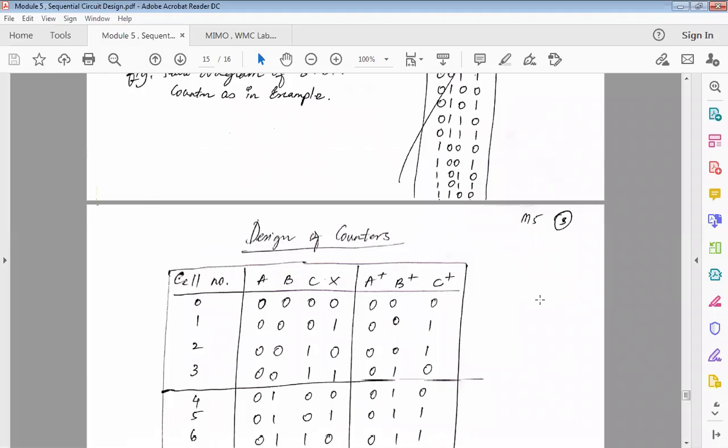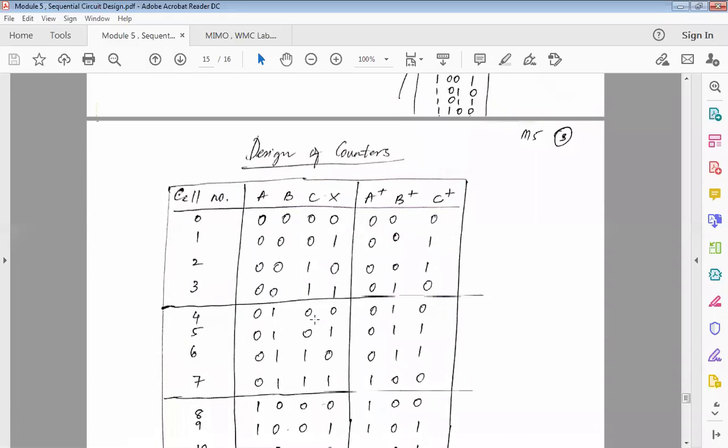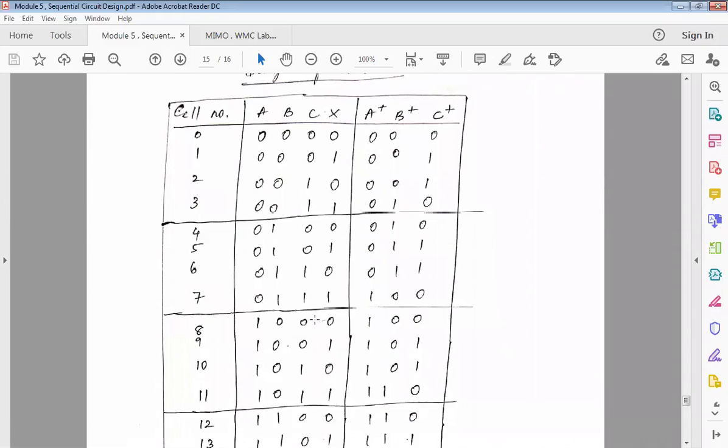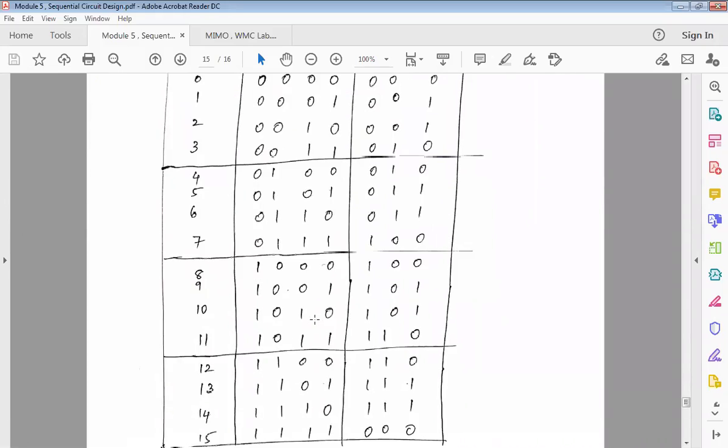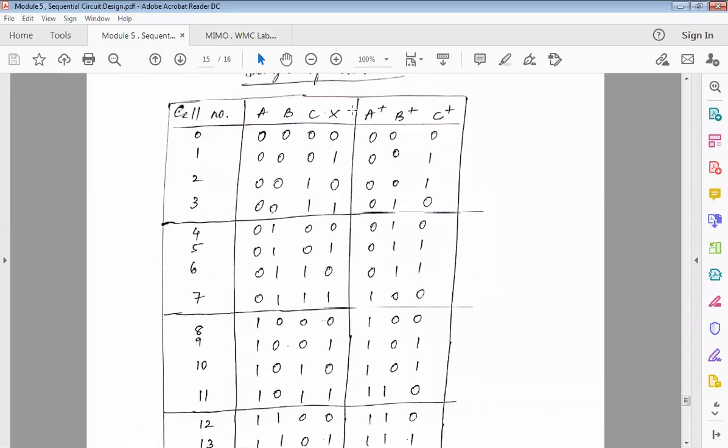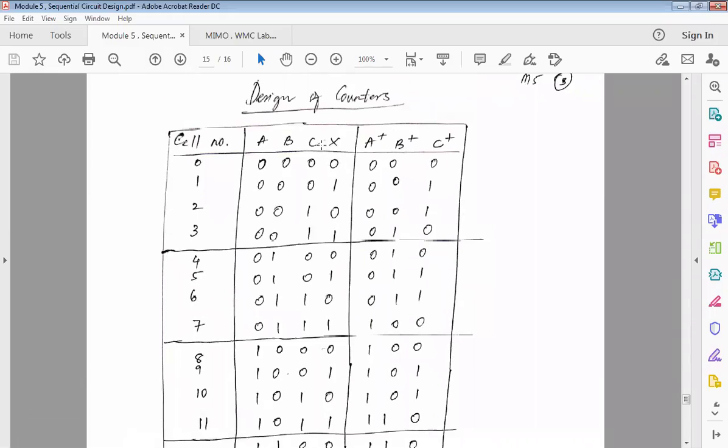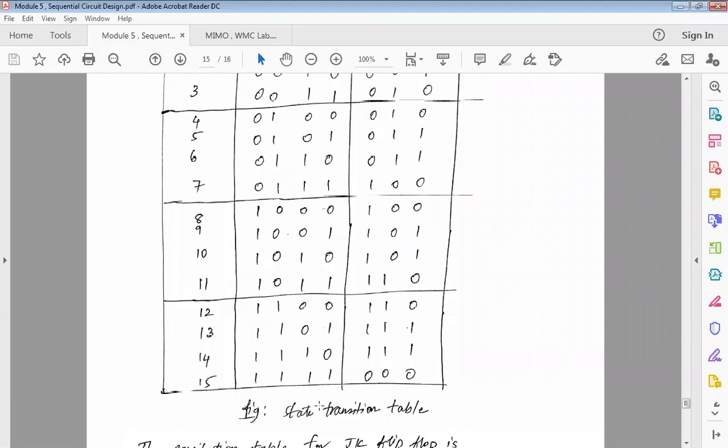The next state. Yes, the next state. So a, b, c are going to be your inputs. These are your present state inputs. So we will have to draw a line so that you don't get confused.